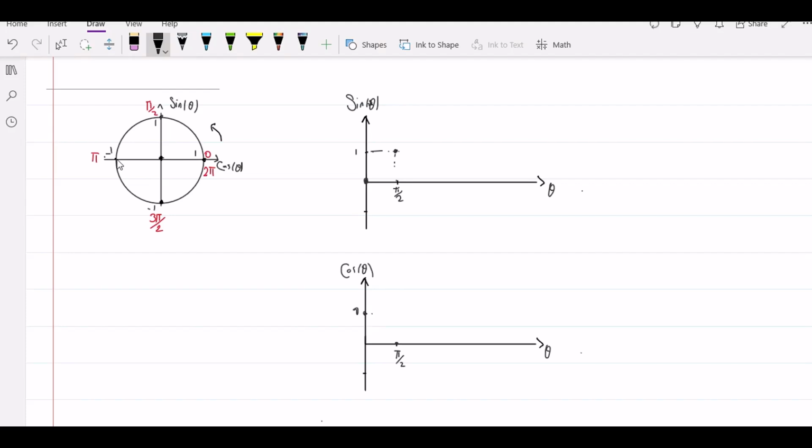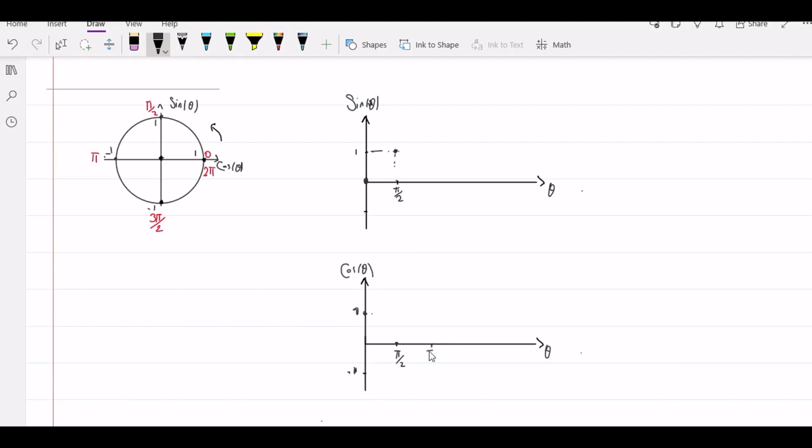If we move to this point, it has a theta equal to pi, and when theta is equal to pi, sine of theta is equal to 0 and cosine of theta is equal to -1. I'm going to name this -1.